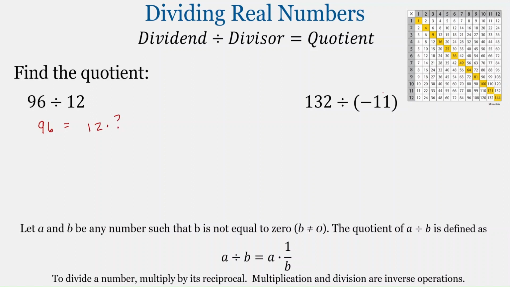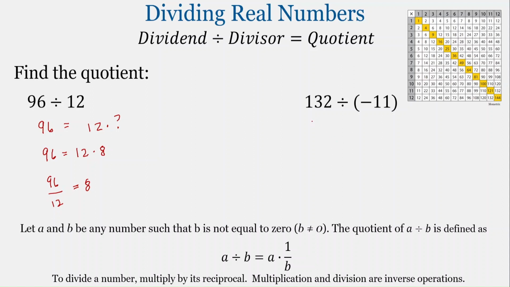Based on the table, 96 was 12 times 8. So 96 is equal to 12 times 8, so 96 divided by 12 is equal to 8. Our familiarity with the times table is facilitating our division.